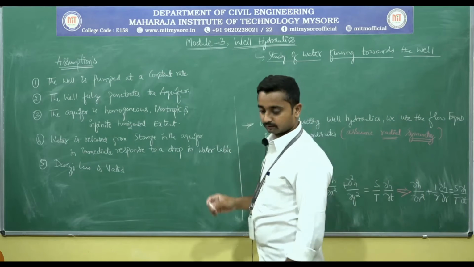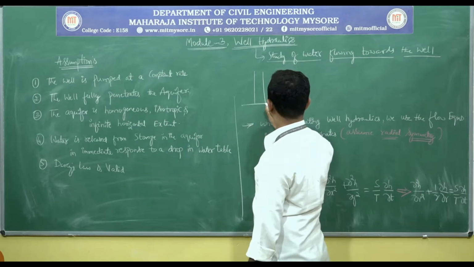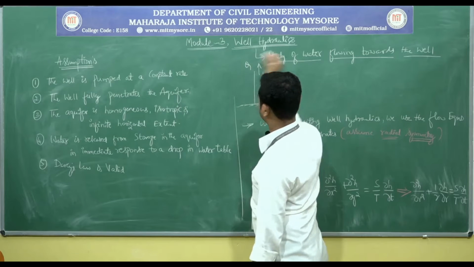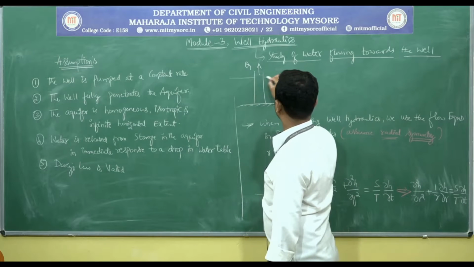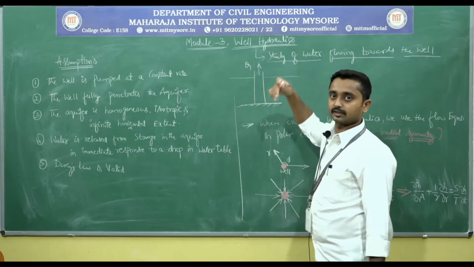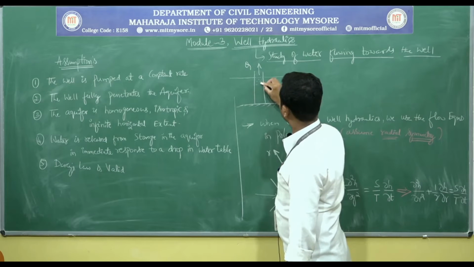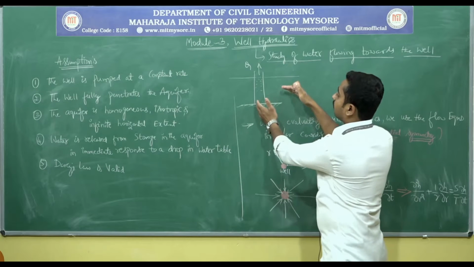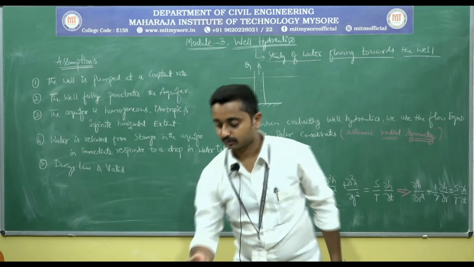If this is a well, when the pumping starts, if this is the initial water level, the water level in the well as well as the water level in the vicinity of the well both reduce.